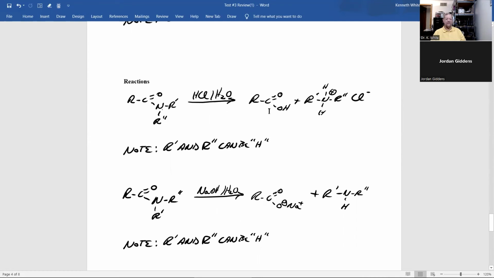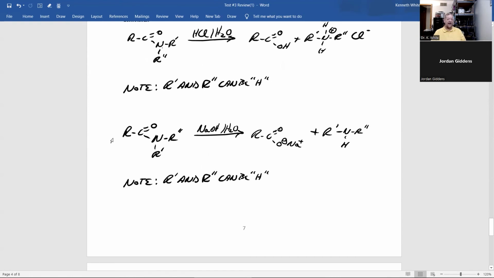What do you get? You get back the carboxylic acid plus the amine? No, the amine salt of the amine you would have used to make that amide. Remember, amines are bases. As soon as you form it in the presence of acid, you form the amine salt. Remember, R and R prime can be hydrogen in amides.